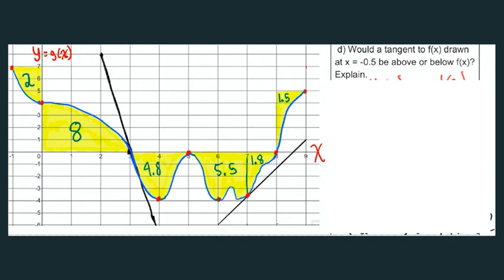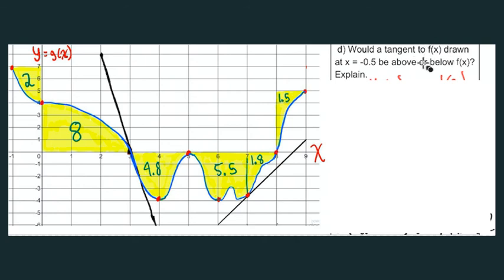Okay, last one in this video. So would a tangent to f at x drawn at x equals -0.5 be above or below? So there's some things that we remember, hopefully, about that. Okay, they're asking about f at x.